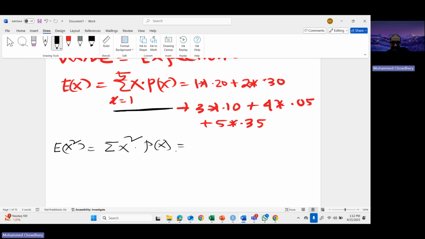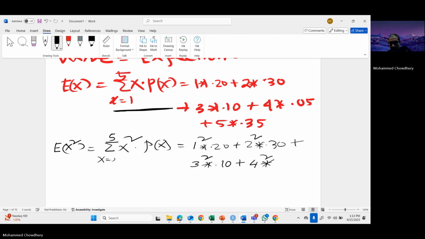Since x takes values 1 to 5, I have to write 1 square times 0.20, 2 square times 0.30, then 3 square times 0.10 plus 4 square times 0.05 plus 5 square times 0.35. Clear?